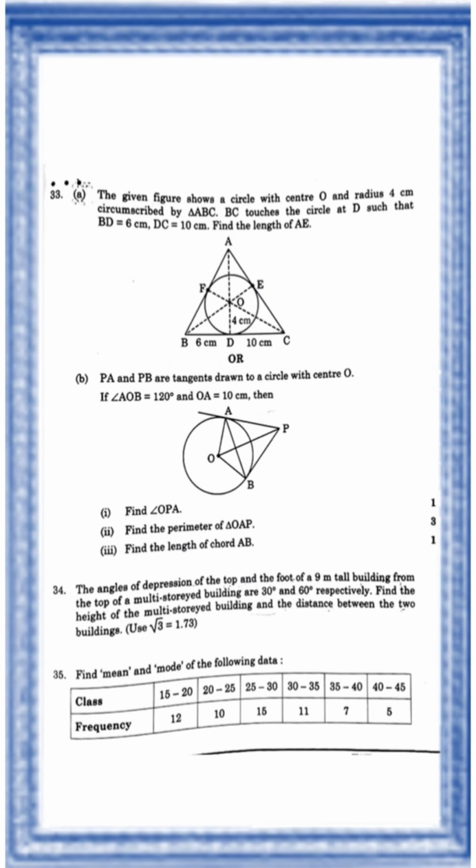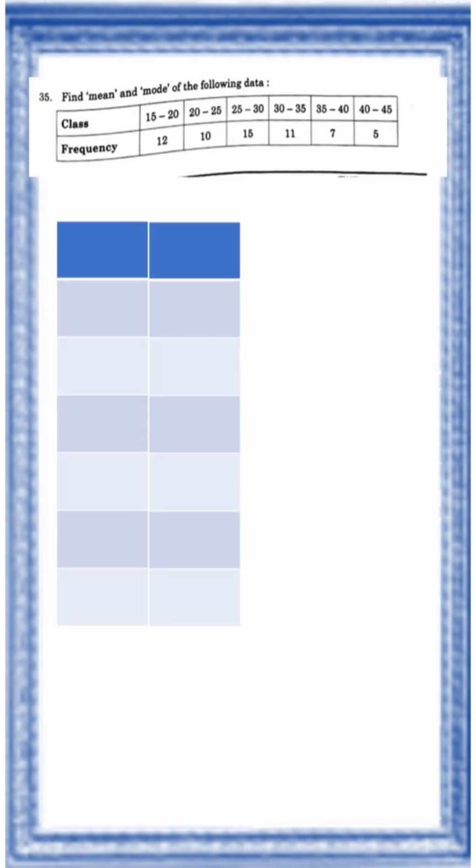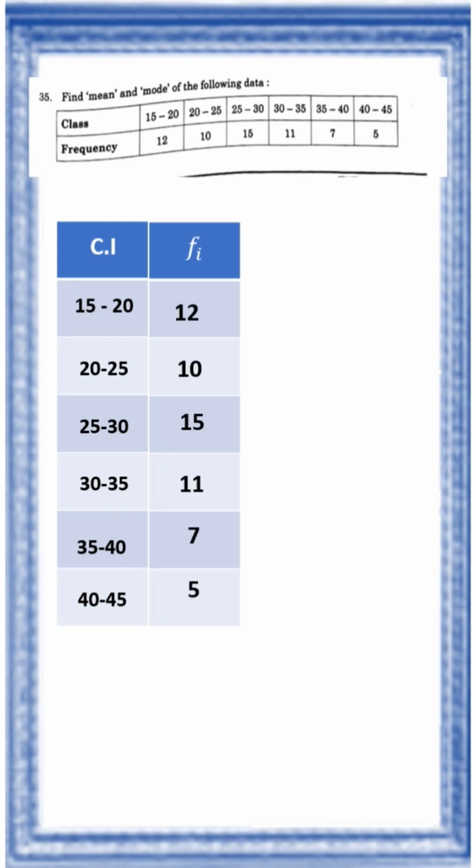Now let us solve the 35th question, that is find mean and mode of the following data. Data is given. Now let us write class and frequency in vertical columns. Now let us find the midpoint since we are using the step deviation method. Midpoint xi for 15 to 20: 15 plus 20 is 35, 35 by 2 is 17.5.